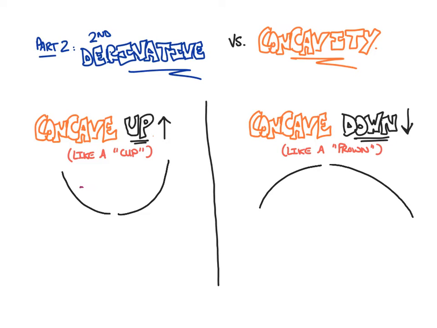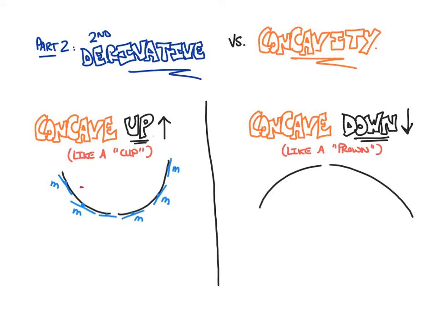Okay? How does this relate to the second derivative? Well, let's highlight exactly what's happening with the slopes on these graphs. So with my blue marker here on these graphs, I'm going to draw some slopes. So imagine little tangent lines that I'm drawing, and these tangent lines have slopes. And clearly the slope's changing. Okay, and these slopes are indicative of the first derivative.